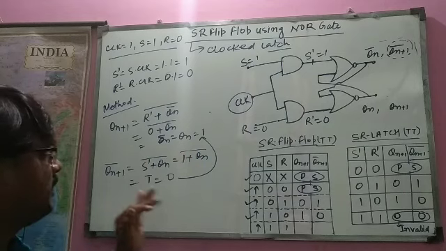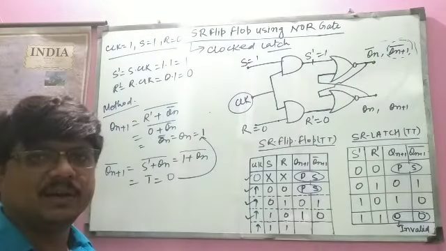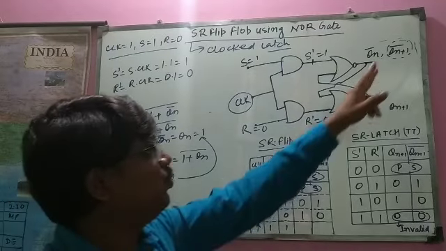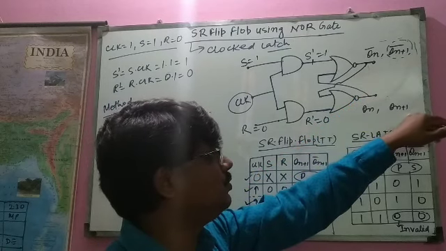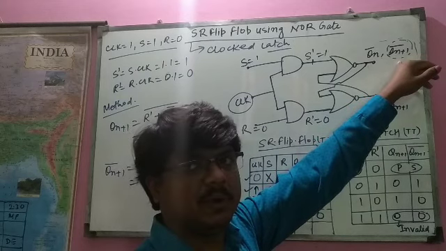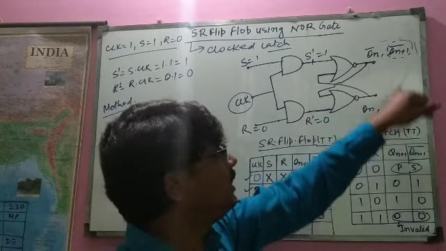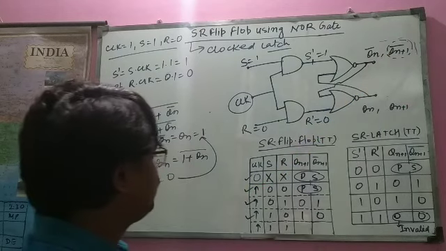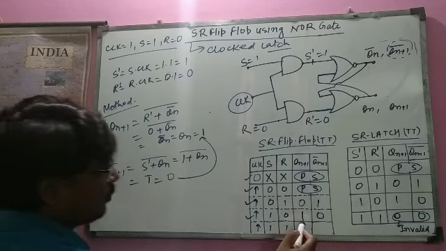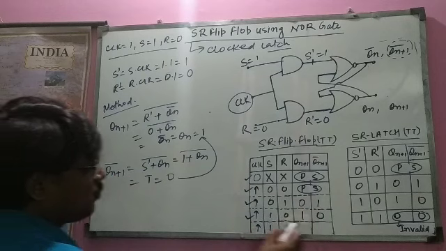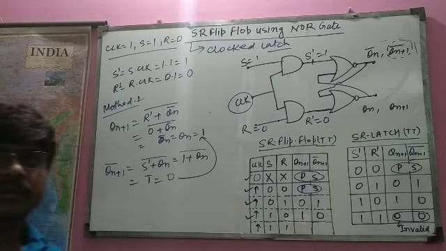If both are coming the same, 1 and 1 or 0 and 0, then it is invalid. Since this is Qn plus 1 bar and this is Qn plus 1, if this is 0 and this is 1, then it is valid. If this is 0 and this is also 0, not valid. If this is 1 and this is also 1, not valid. So here Qn plus 1 is 1 and Qn plus 1 bar is 0. By this method also, we can calculate.